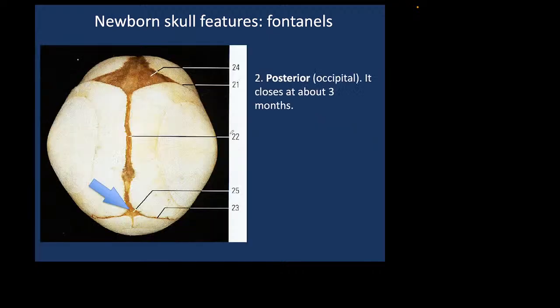The posterior fontanel is located at the junction between the two parietal bones and the occipital bone. As you see, this fontanel is not such a large spot of membrane tissue, and it is located posteriorly in the median plane.